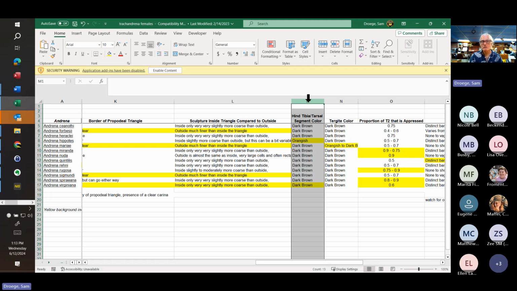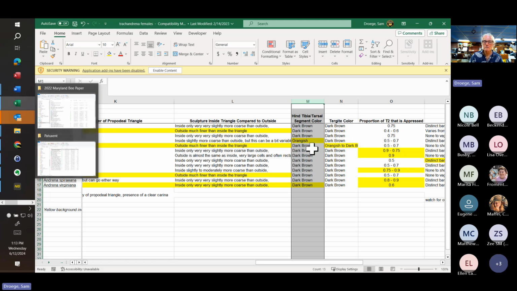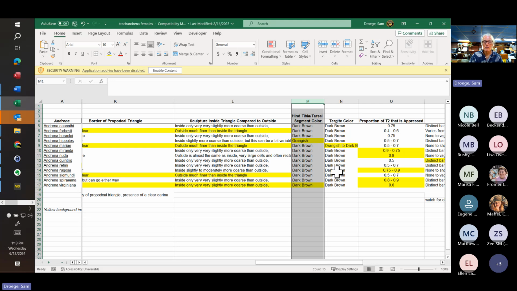We're looking at the hind tibia tarsal segment color. So one species in particular, this is a gimme for Hippodes, is orangish on the tarsal segments, tibia too, at least part of the tibia. And then the tergite color. So in one case, you can have a very orangish specimen.